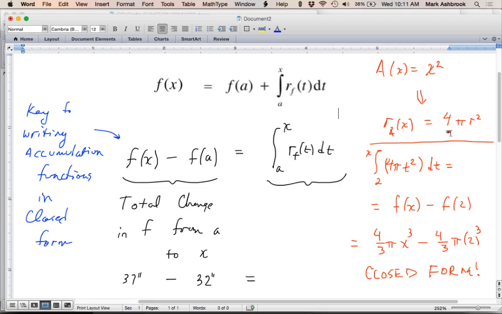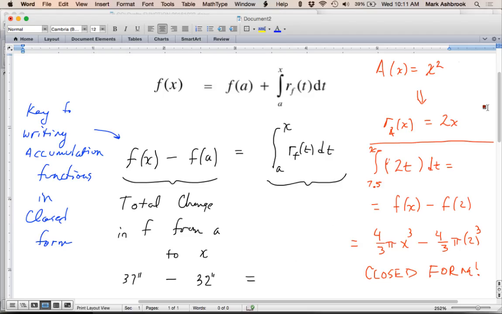And what did we find? Do you remember what we found for r sub a of x? We worked that out last time in class. That was 2x. Okay, so that means, because we know that the rate of change of x squared is 2x, we could now write this open form accumulation function in closed form.